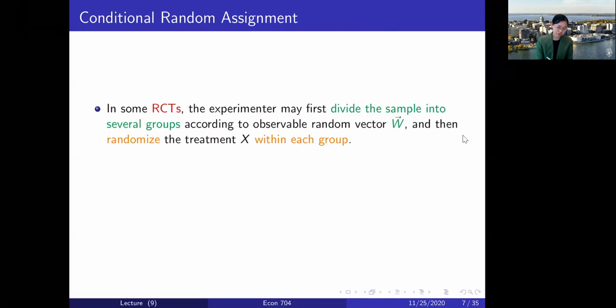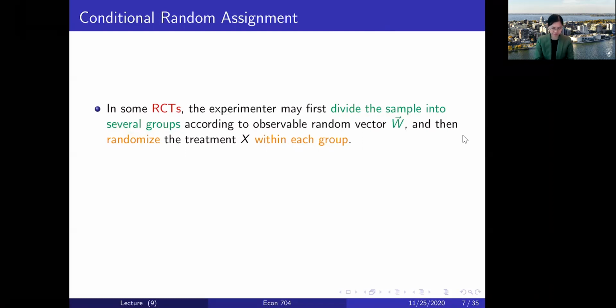So therefore, to circumvent this kind of problem, some of the experimenters would divide the sample first into groups according to the observable random vector W, let's say minority or majority group, and then randomize the treatment within each group. Okay, so give 10% of the majority treatment and maybe give 20% of the treatment to the minority group.